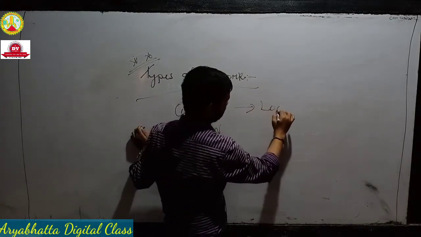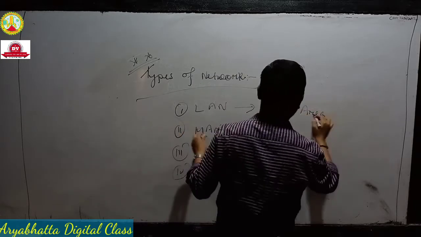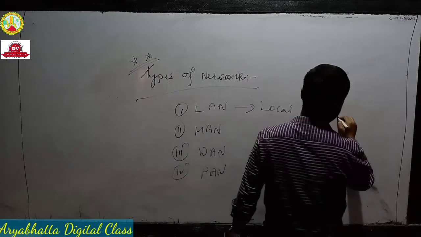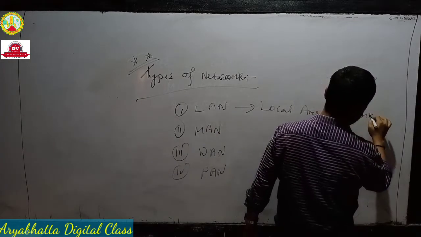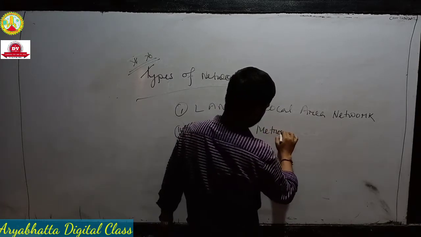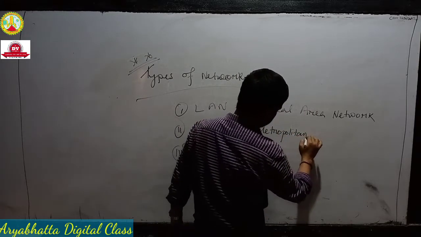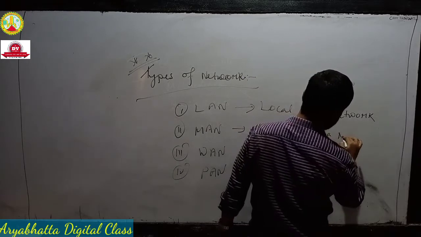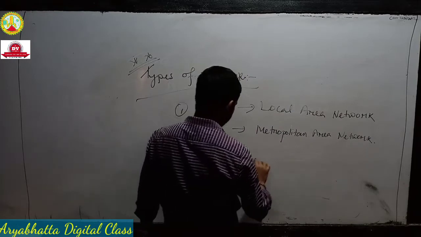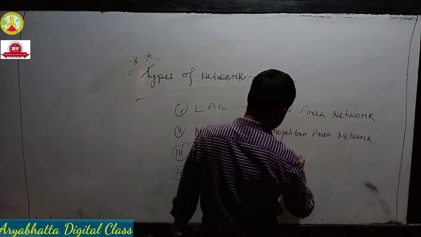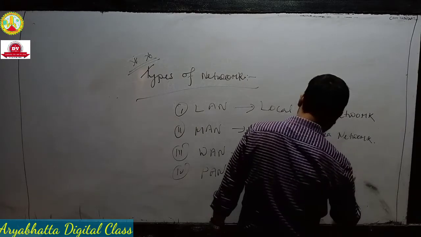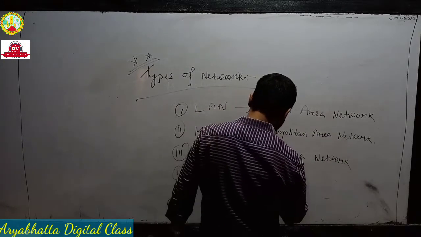LAN means local area network. MAN is metropolitan area network. WAN is wide area network. And PAN is personal area network.